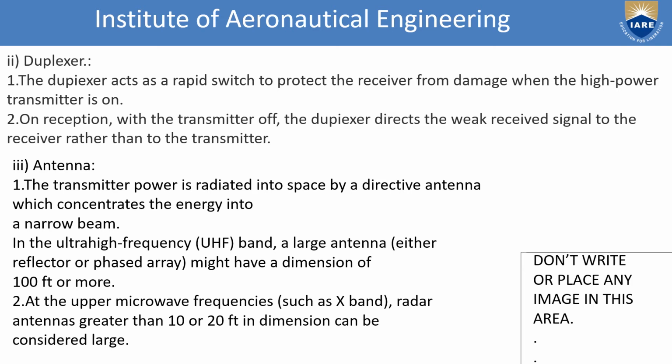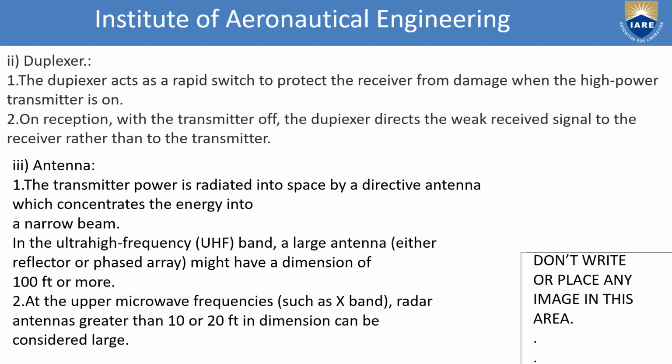The duplexer acts as a rapid switch to protect the receiver from damage when the high-powered transmitter is on. On reception with the transmitter off, the duplexer directs the weak received signal to the receiver rather than to the transmitter.